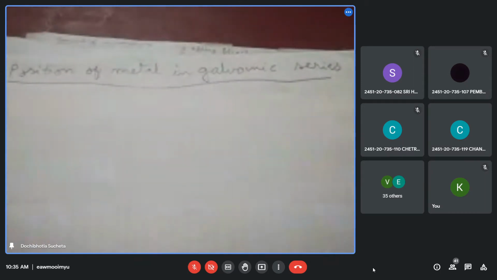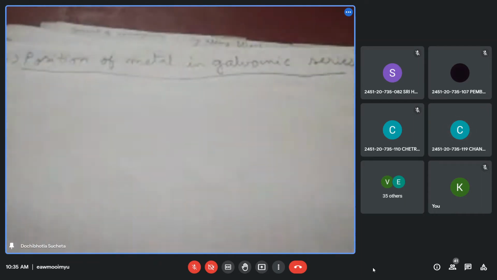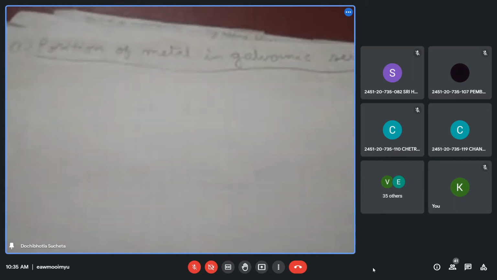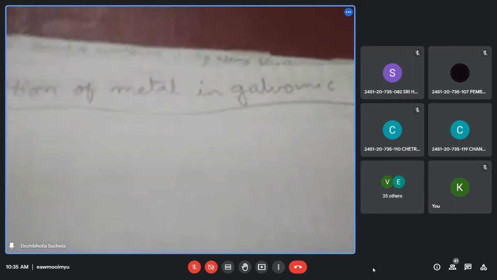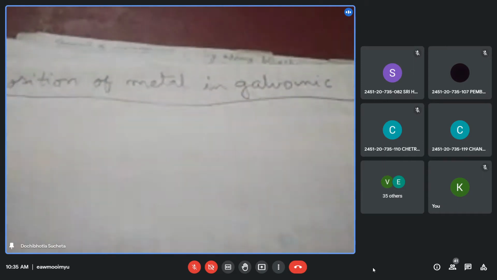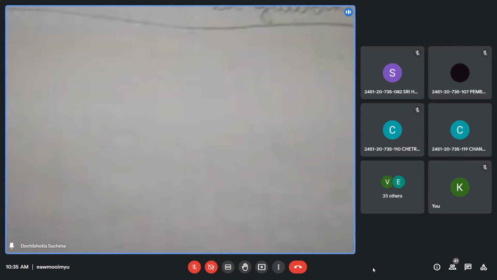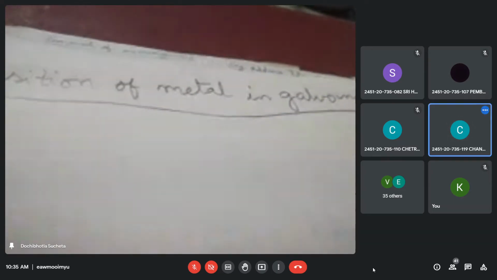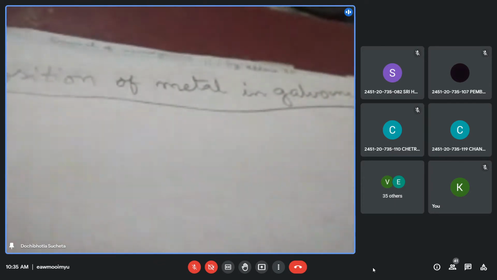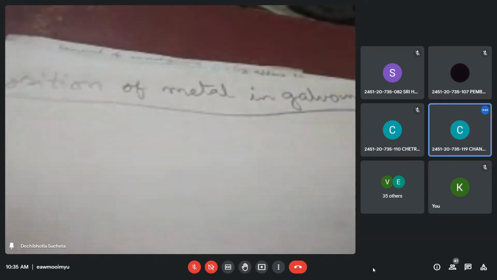Both are metals, and in both the cases there is iron present. But it's a common general experience for us that when you take iron and steel, out of these two, which suffers more corrosion? Tell me. Iron, ma'am. Steel suffers quick corrosion or not? No, ma'am. Why?